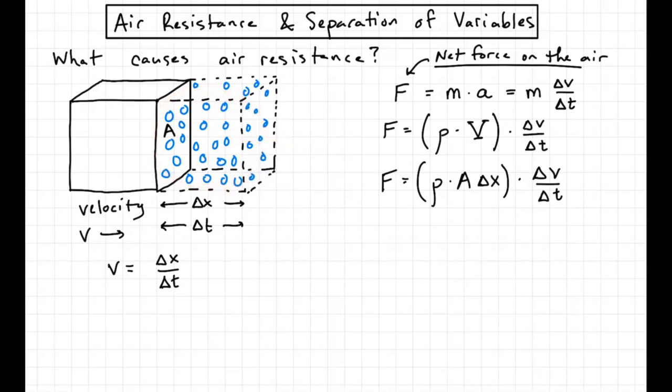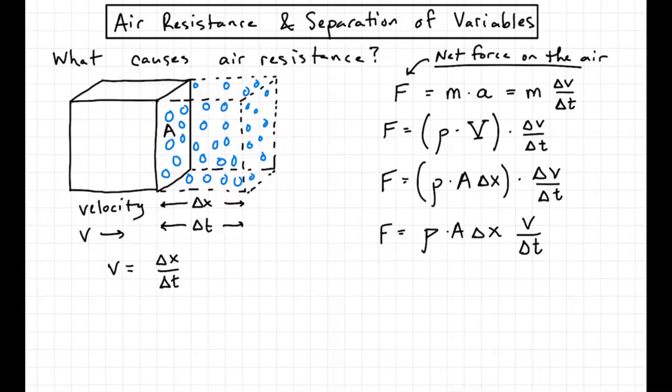So in this model, if the molecules start at 0 velocity and end up going velocity v, then the change in velocity is just v over delta t. And this is looking like something.